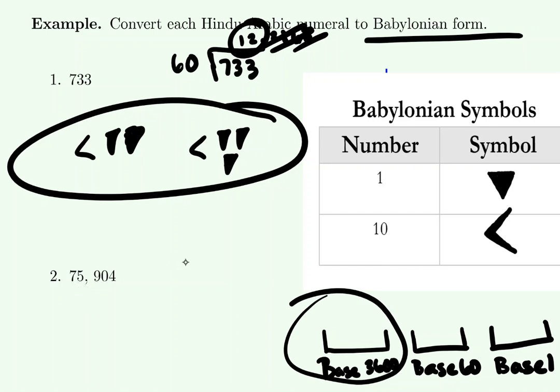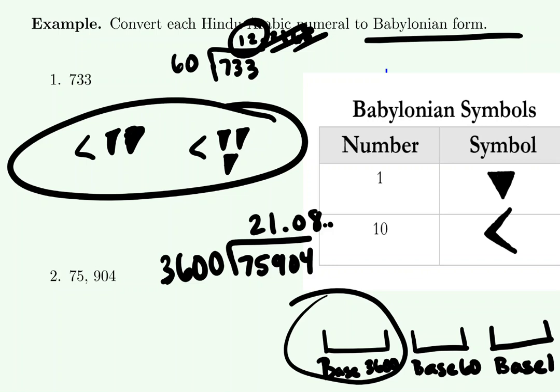In your calculator, do 75,904 divided by 3,600. We're looking for how many times 3,600 evenly divides this number, and we would get 21.08 something. Remember, the decimal isn't as important here. We just care that it divides 21 times perfectly.